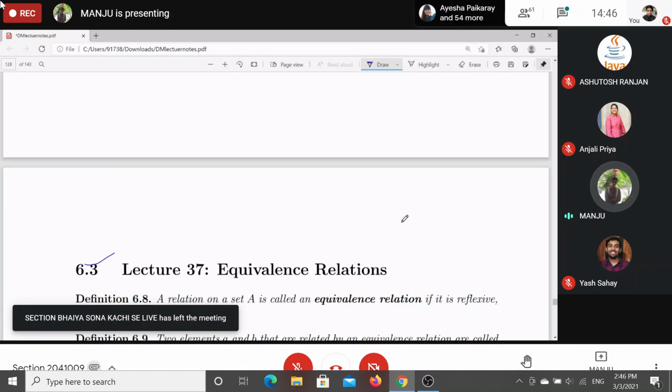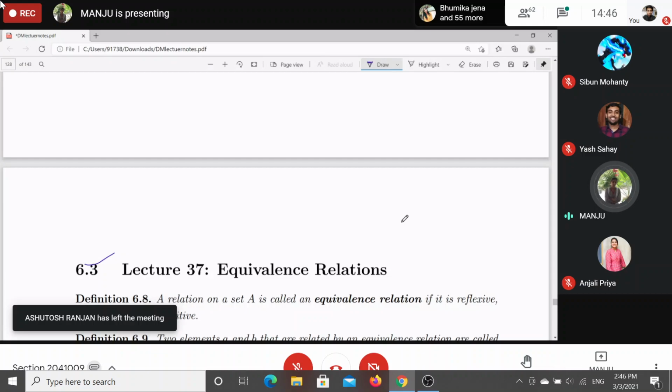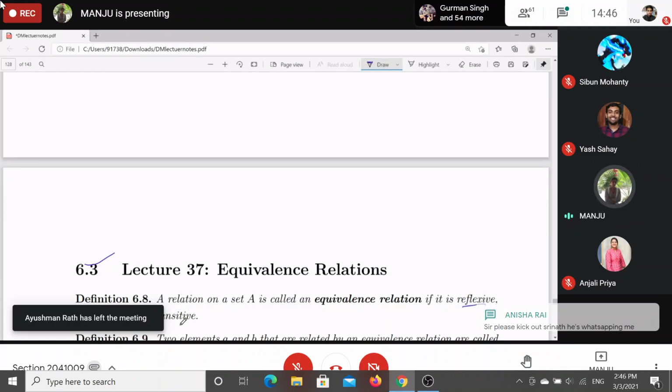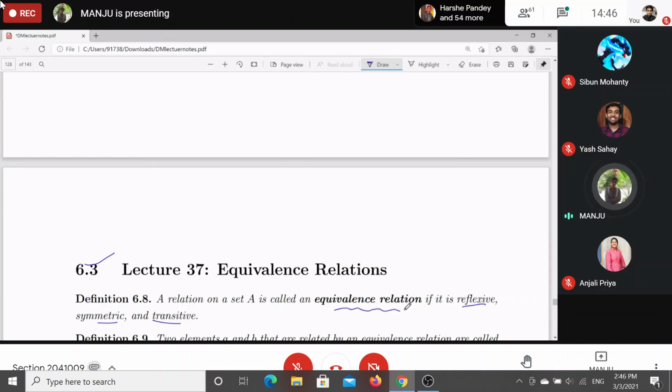Irreflexive, I didn't give you that definition, right? This will be where A is not related to A. That will be irreflexive. And symmetric, antisymmetric, asymmetric, asymmetric also I didn't give you, I think. And transitive, right? Out of that, if a relation on set A is reflexive, symmetric, and transitive, all three at a time, then it is known as equivalence relation.